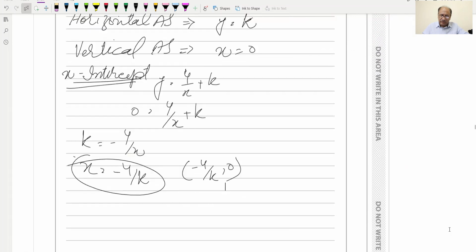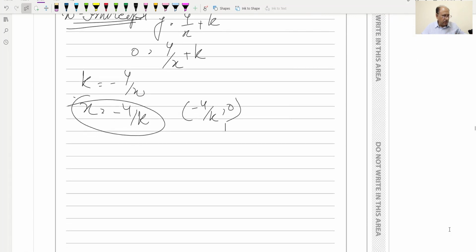Now we can sketch the graph. We know this is a reciprocal graph, and if we draw a rough sketch, it will be like this one over here. This will be the coordinate axis, this is the x-axis, this one the y-axis, and our sketch will be like 1 over x plus k, so it will be like this.